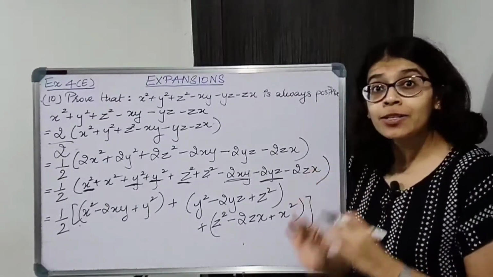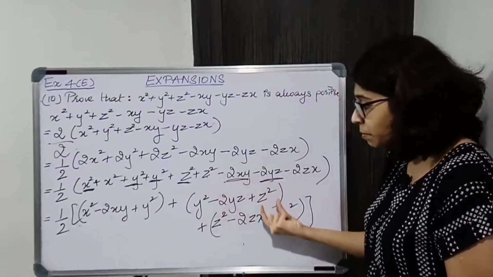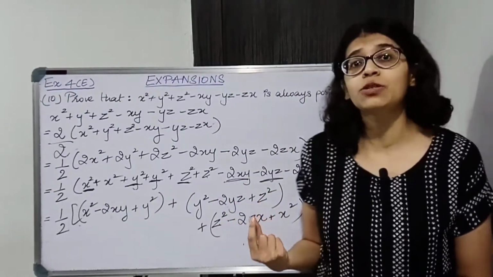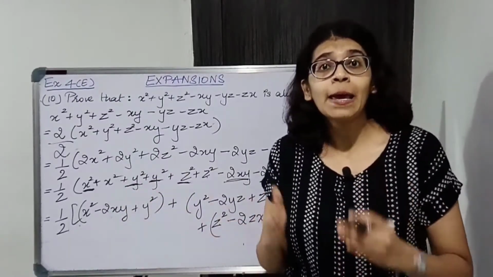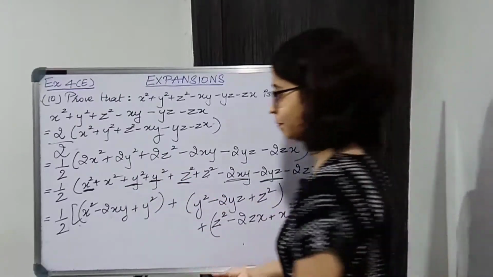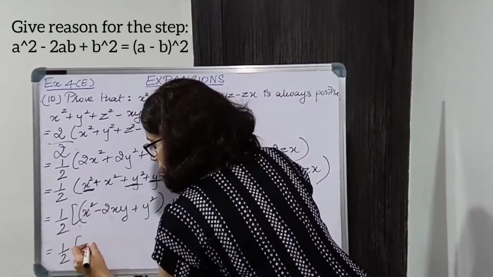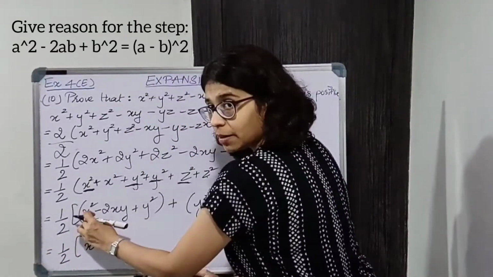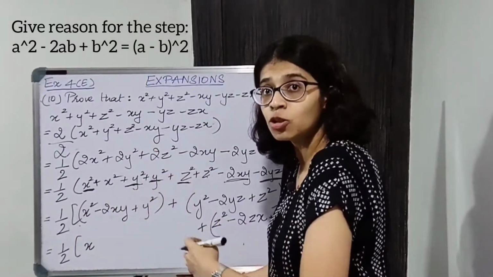Now every bracket is of the form a square minus 2ab plus b square. A square minus 2ab plus b square is nothing but a minus b the whole square.